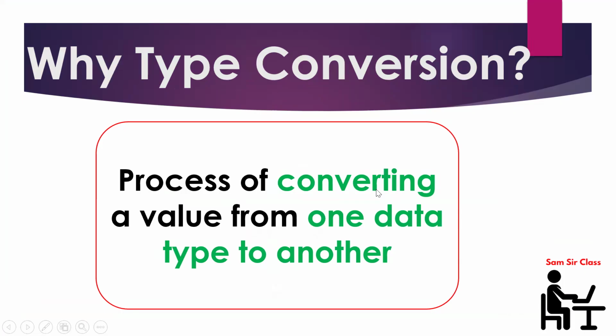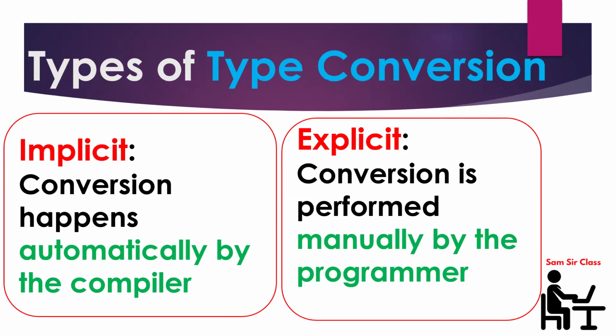Type conversion is nothing but the process of converting a value from one data type to another. In C we have two different types of type conversion.